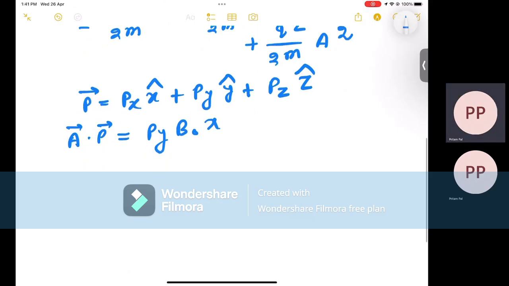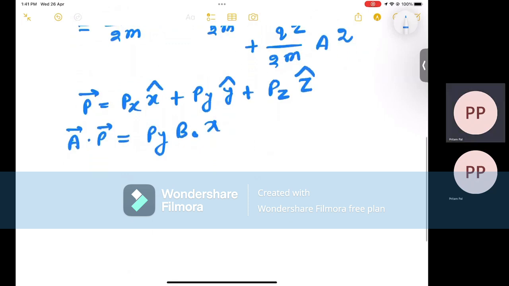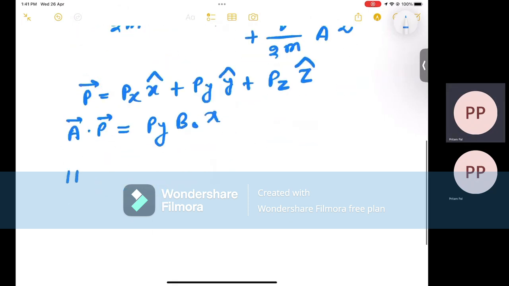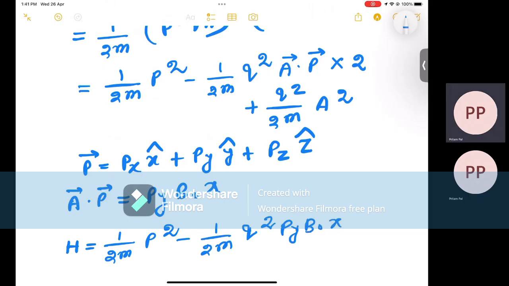So if you just replace this A dot P by Py B naught x, the whole expression will become 1 over 2M times P squared, minus q over M Py B naught x.